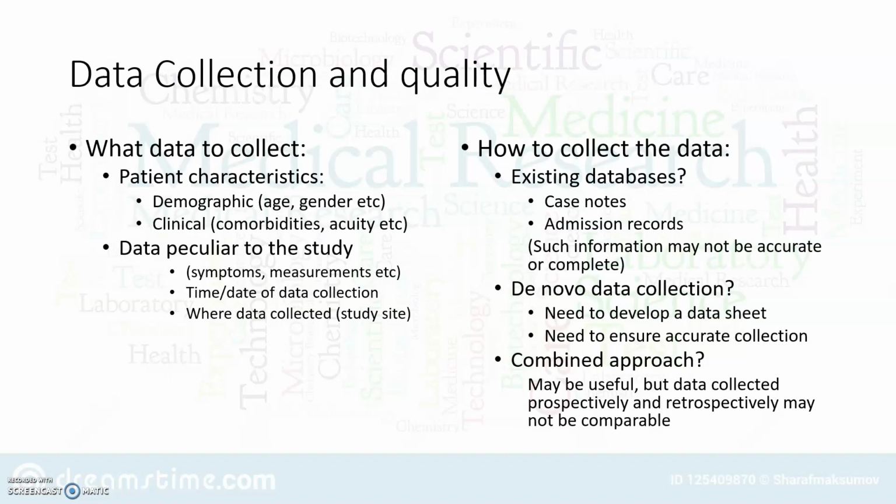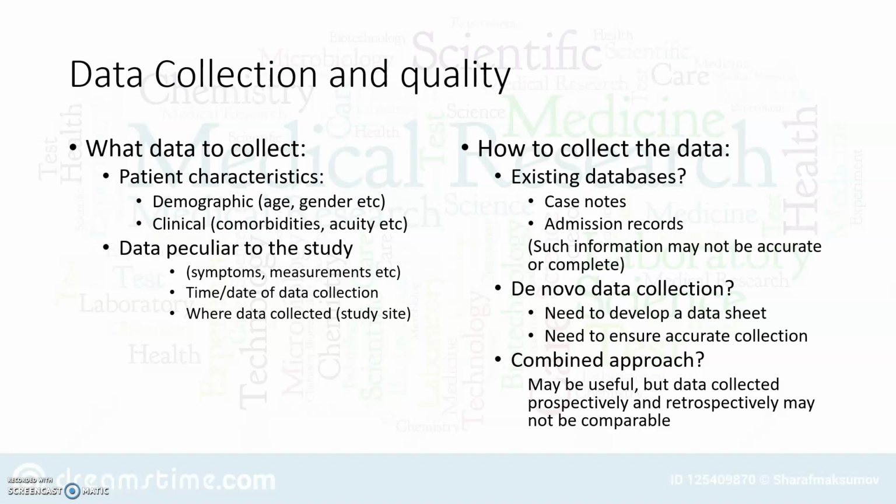What about data collection and quality? Think hard about what you want to collect. It's always important to collect something about patient characteristics in general, so that we can talk about the people that we studied, quite apart from what we were studying. But then you also have data peculiar to this study, maybe symptoms or measurements of things like blood pressure, weight, height, pulse, respiratory rate.